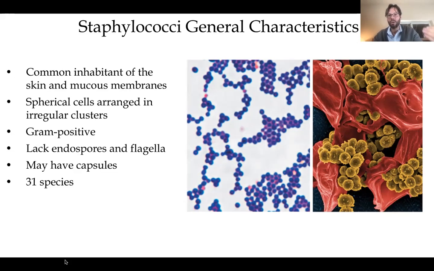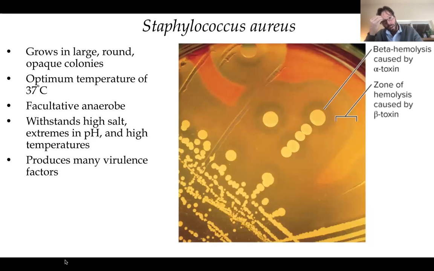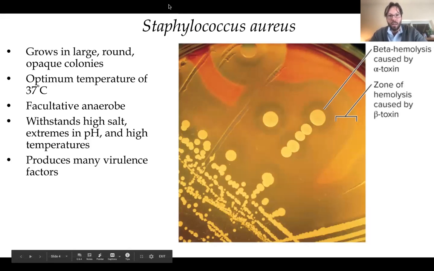And there's a large representation of medically relevant species in the Staphylococci flavor. The big one is Staphylococcus aureus, or Staph aureus. These are going to grow in large colonies.